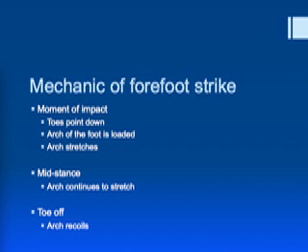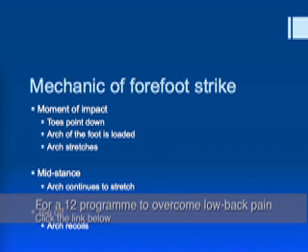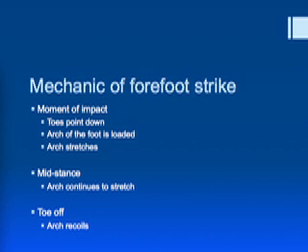And then as soon as you get to the toe off, the arch recoils and both the gastroc and the soleus recoil as well. So what we're doing is we're not only using the big muscles of the upper leg, the quads, the glutes and the hamstrings, to move us forward, but we're maximizing the efficiency of this spring back. So it's much like a kangaroo hopping along the plains of Australia.